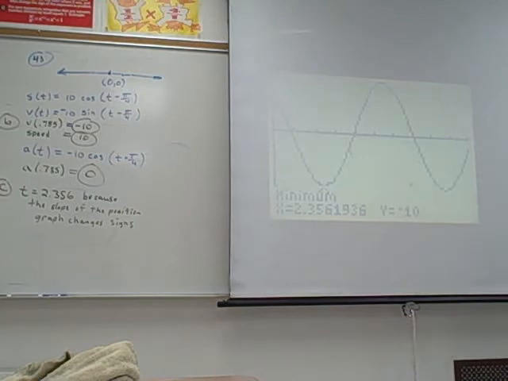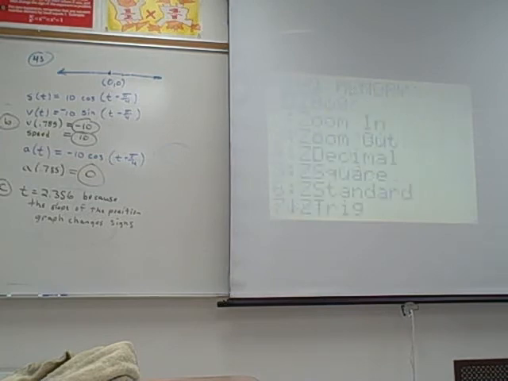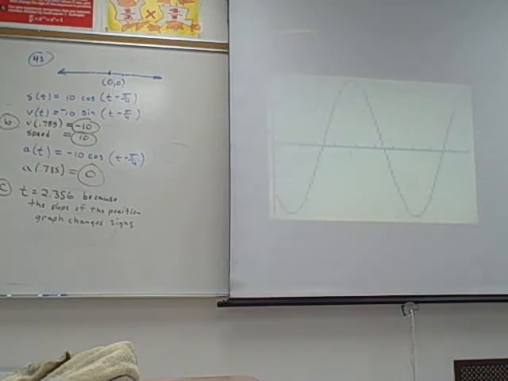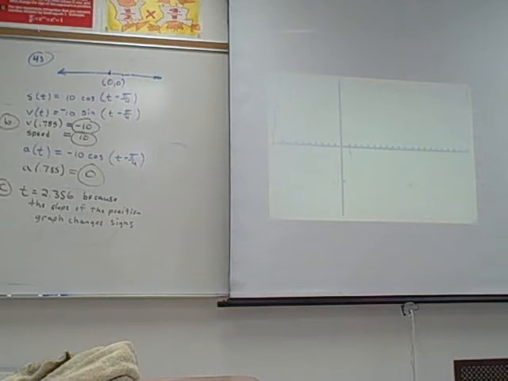Now, one other way you could do this, and you don't necessarily have to do it this way, but I think we've talked about this in the past, so I want to make sure you see the connection here. If I would graph the velocity graph, and then hit trace, 0.5, enter. Whoops, try that again.